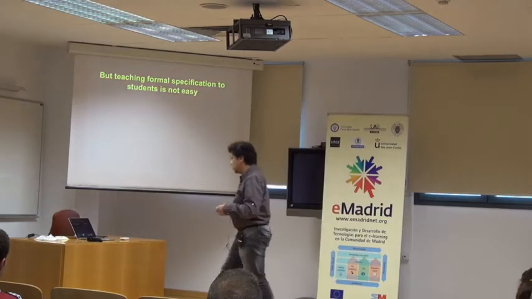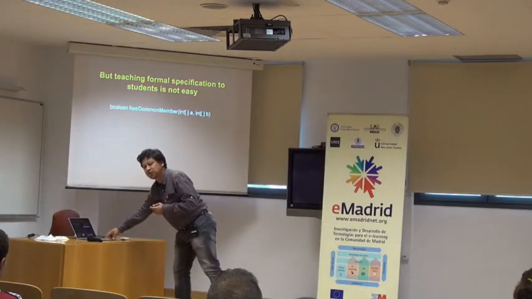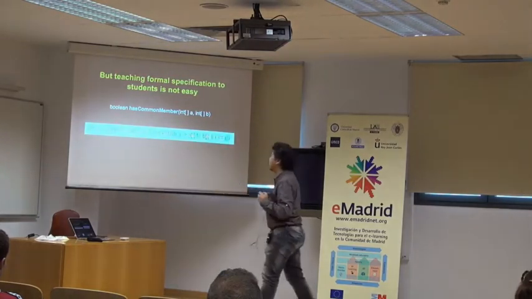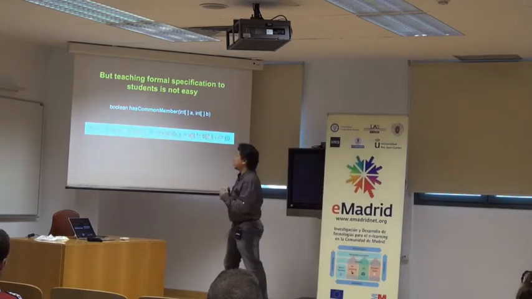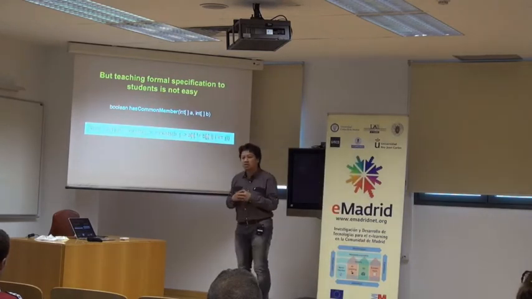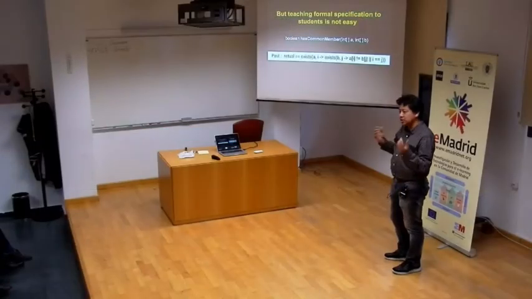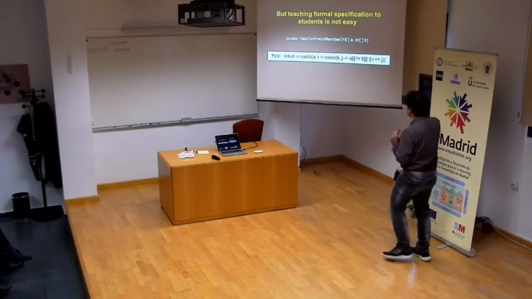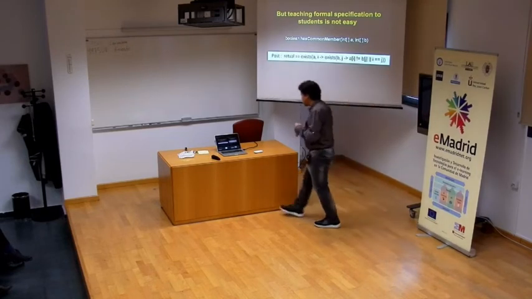So this is an example of answers that you can get from my students, at least, when I ask them to write a specification for a method like hasCommonMember, given two arrays of integers. This method is supposed to return a Boolean. It checks whether the intersection of the two arrays is not empty. You can get answers like this.